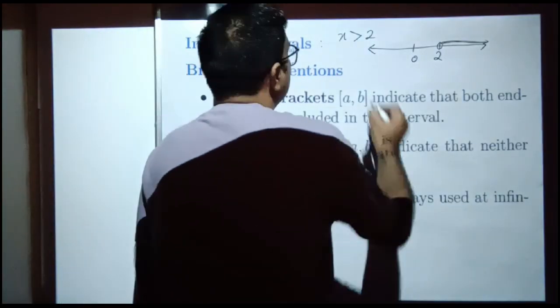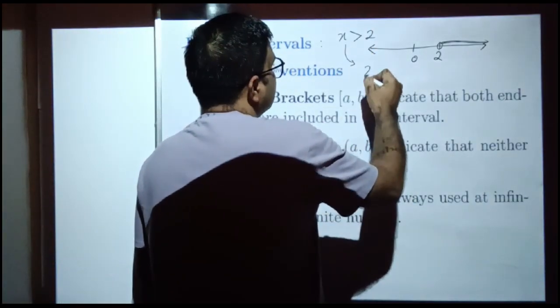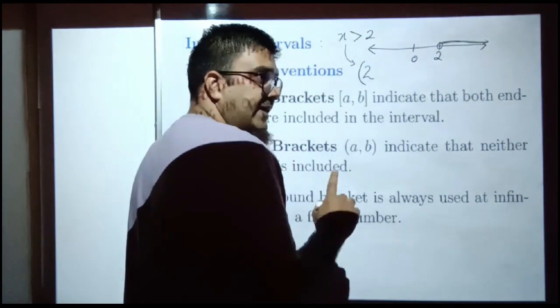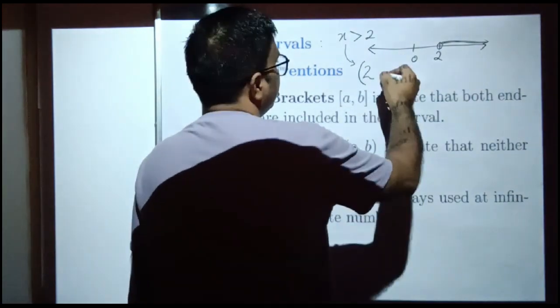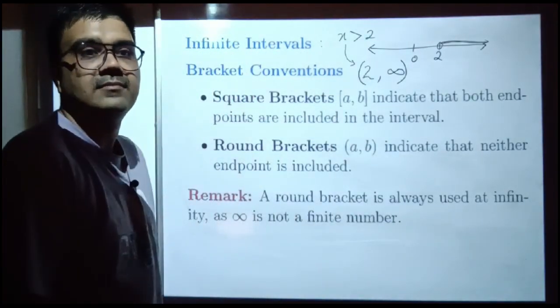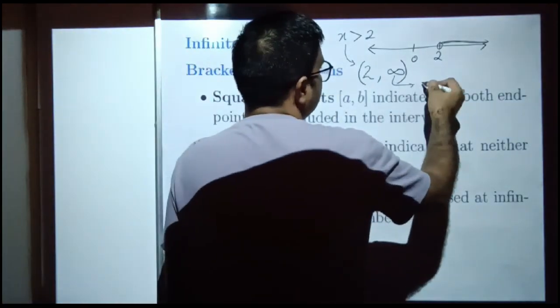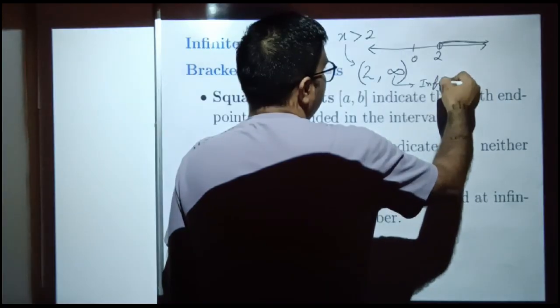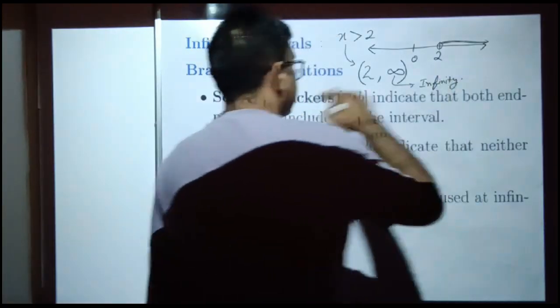How are we going to represent this? We write 2 with an open bracket because 2 is not included. We will put a symbol like this. This is the symbol for infinity.